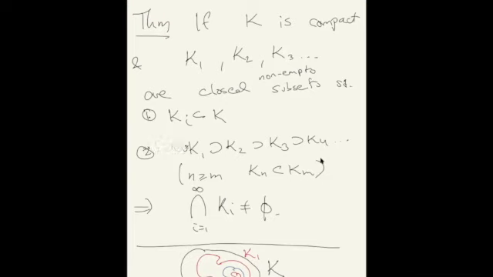That is, K1 contains K2, contains K3, contains K4, etc. So such a collection of sets is called a decreasing chain, or just decreasing collection of sets. And you could express it with indices as if n is greater than or equal to m, then we insist that K_n is a subset of K_m.